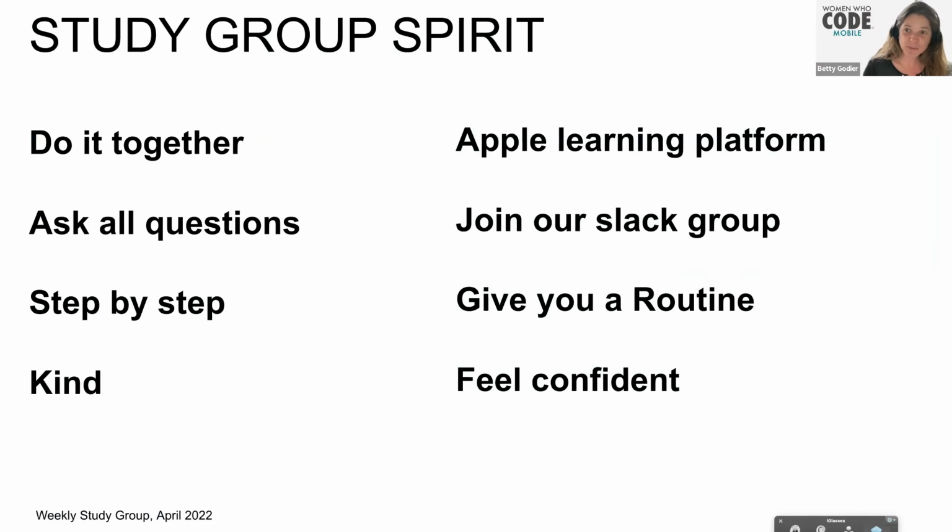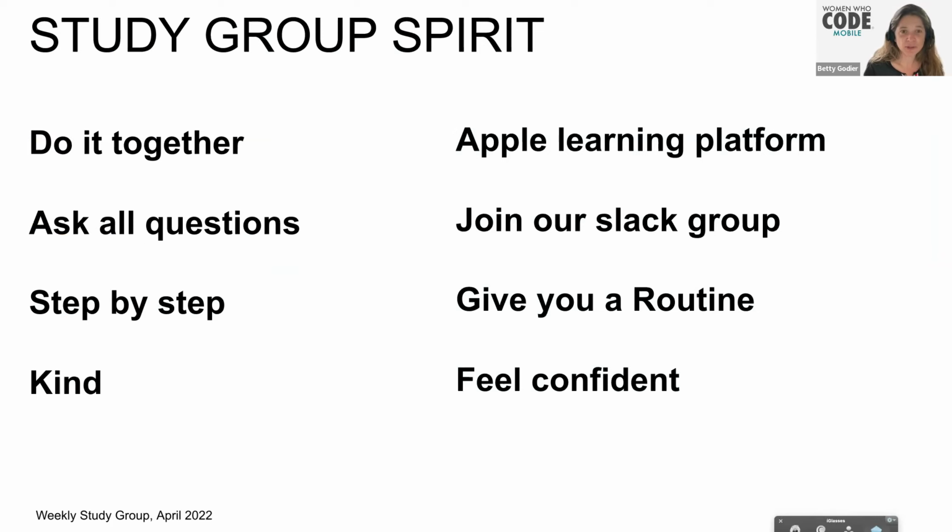So what is the spirit of the study group? The goal is to learn together and do it together, following the Apple learning platform. You can ask questions whenever you want, at the end or in the middle of the presentation. I also try to do it as if I'm doing it alone, step by step.